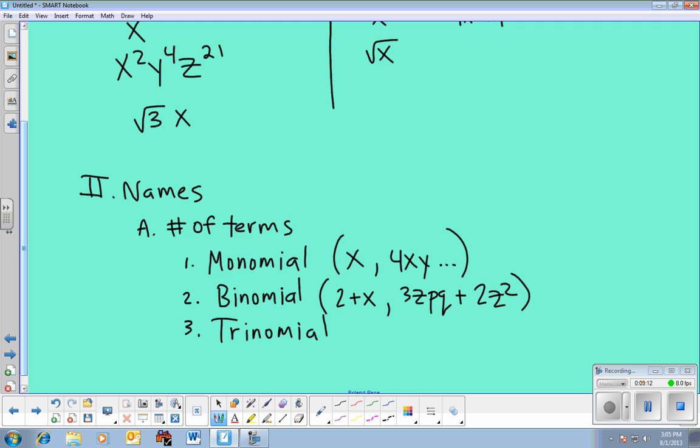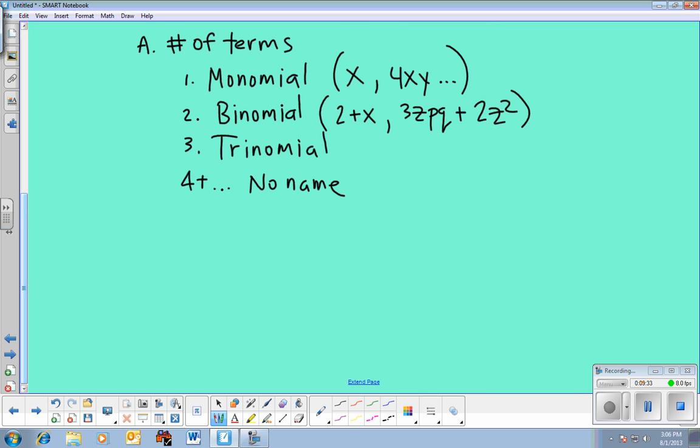And you can come up with an example there. You're going to have 2 plus or minus signs. 4 or more, we don't have a name for those. So if you have a quiz question that says, name this, and it's got 4 terms or more, you can say 4-term polynomial or 5-term polynomial. That'll be fine. But 1, 2, or 3, you will be expected to know monomial, binomial, trinomial.